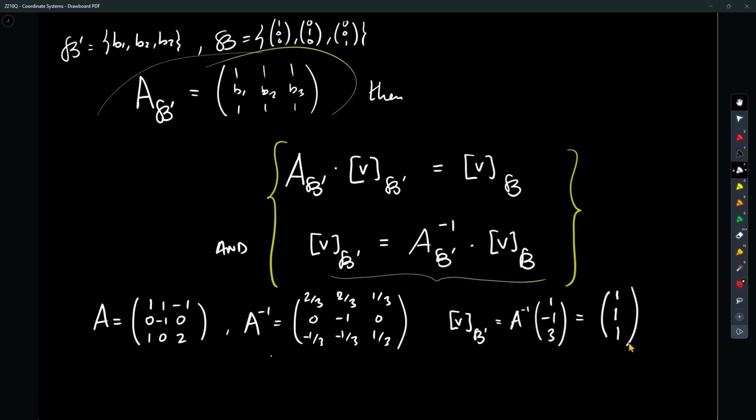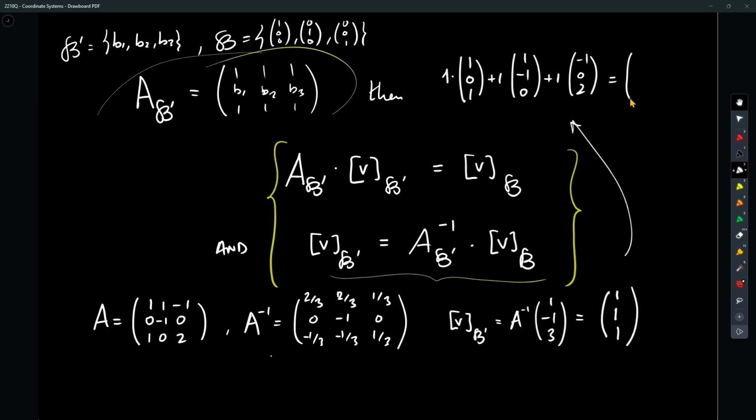Is that true? Well, let's see what happens if I add one times the first vector, plus one times the second vector, plus one times the third vector of the basis. That gives me 1, 1 minus 1, that is 1. 0 minus 1 plus 0 is minus 1.